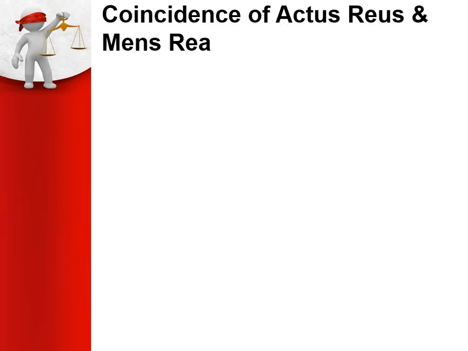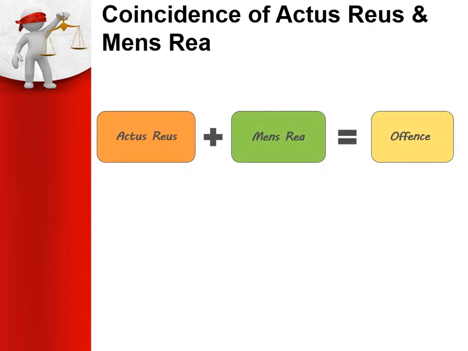They must be part and parcel of the same transaction in order for the prosecution to constitute an offence. Now, even when baking a cake, there is no point in the ingredients being there. The ingredients must be mixed together, and then only it will result in a cake. So likewise, if we put it into a formula, it is actus reus plus mens rea equals an offence.